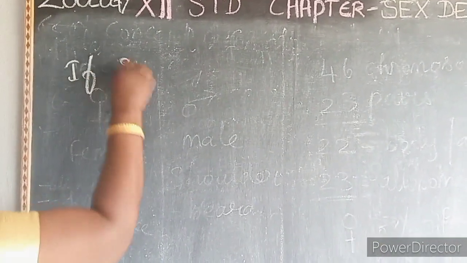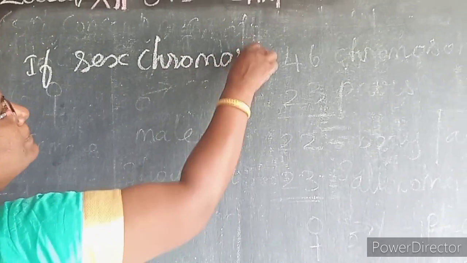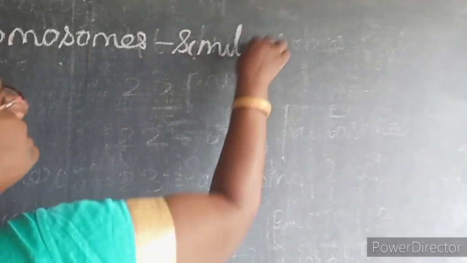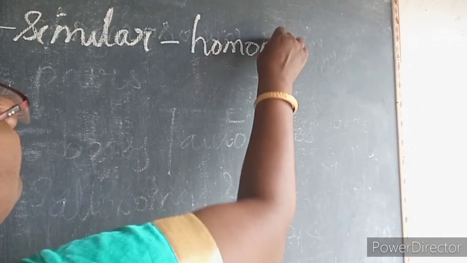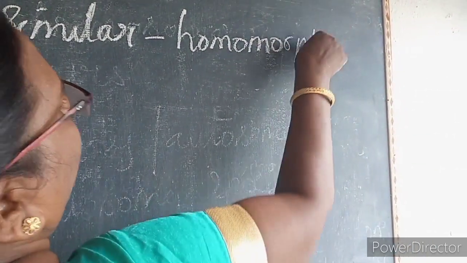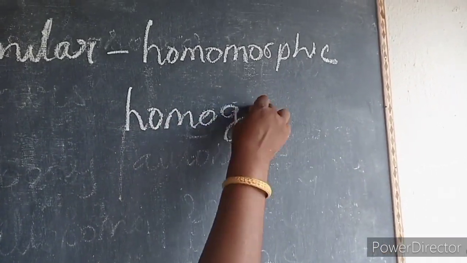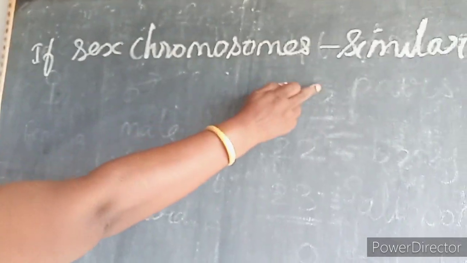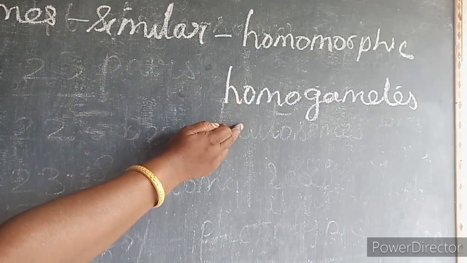What is the other name for the sex chromosomes? Allosomes. If the sex chromosomes are similar, similar means same, then it is called homomorphic or homogametes. Homo means similar. If the sex chromosomes or the allosomes are the same, then it is called homomorphic or homogametes.